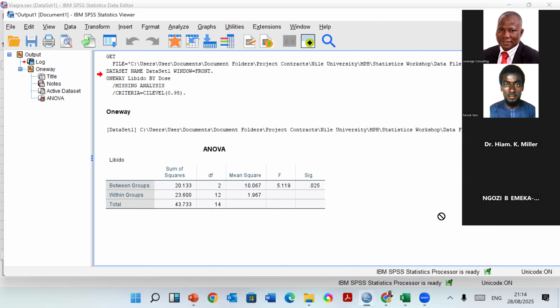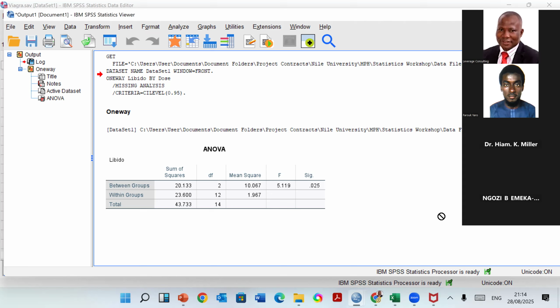While within group, what we did was to remove the grand mean from each of the three group means and square. So between group plus within group sum of square gives you the grand total.